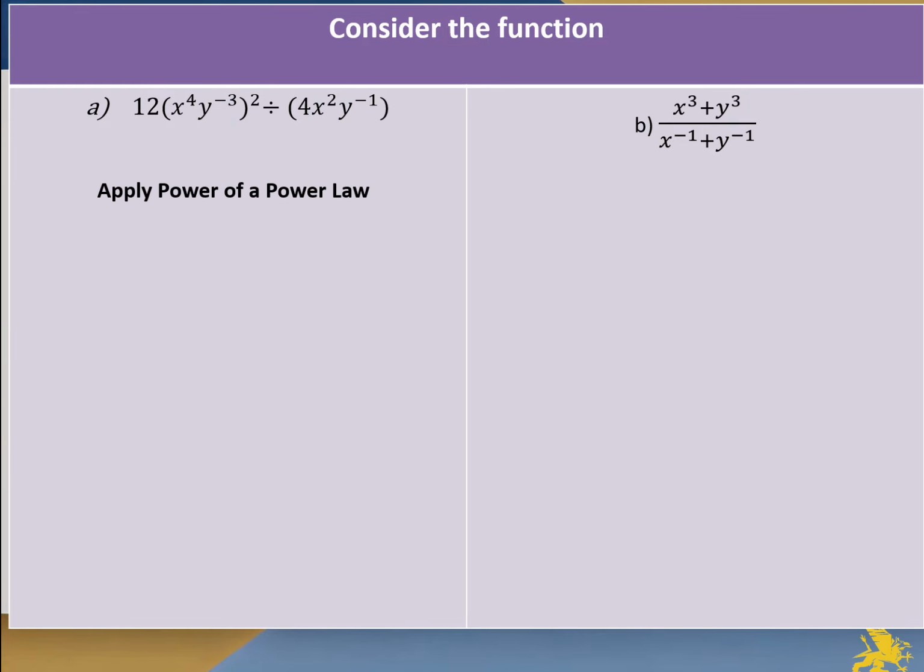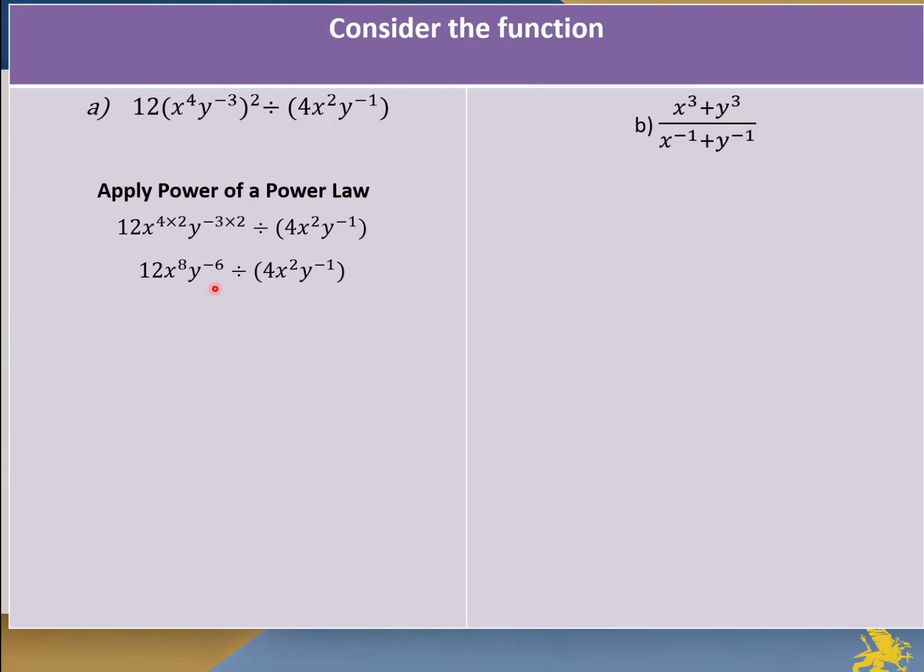That means this 2 is applying to the x to the power of 4 and to the y to the power of -3. So I am multiplying the 4 by 2 and the -3 by 2. 4 times 2 is 8, -3 times 2 is -6.